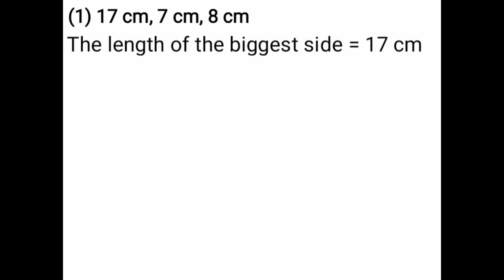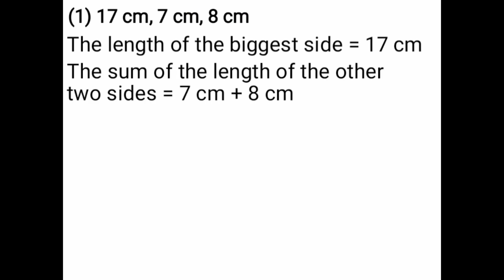Now the next statement you have to write: the sum of the length of the other two sides, that is 7 centimeter plus 8 centimeter. 7 plus 8 is getting 15 centimeter.